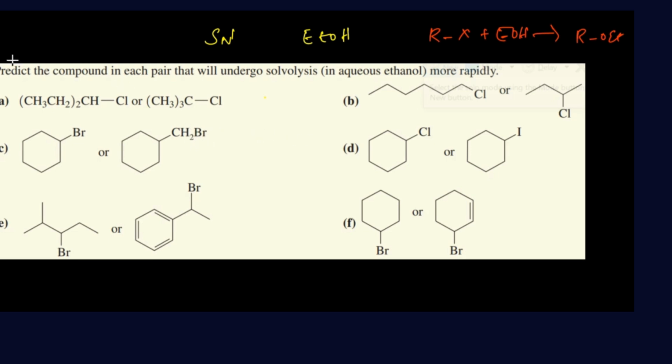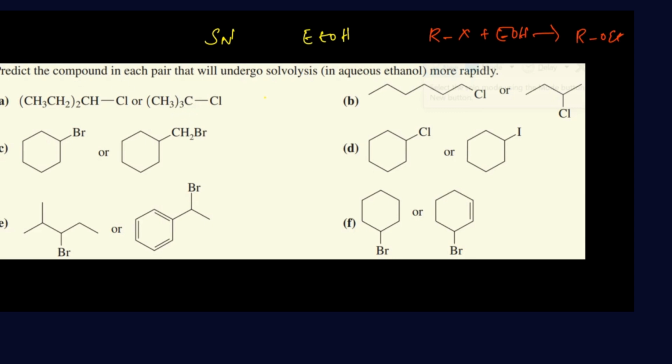So now let's go into the problem. Before that, let us recollect what we learned from the SN1 reaction mechanism. It proceeds through a carbocation, so the first step is carbocation formation. The carbocation stability is most important, and that is a very important key step that we should remember for the SN1 reaction.